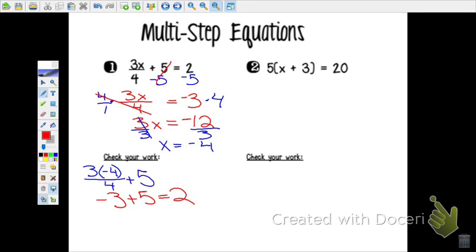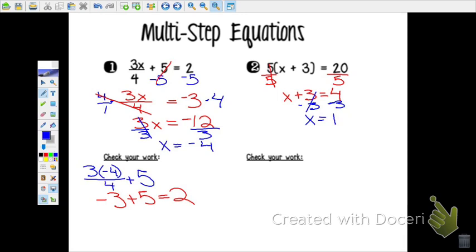So we would divide 5 on both sides. So x plus 3 would equal 4. And then I would subtract 3 from both sides. So x would equal 1.